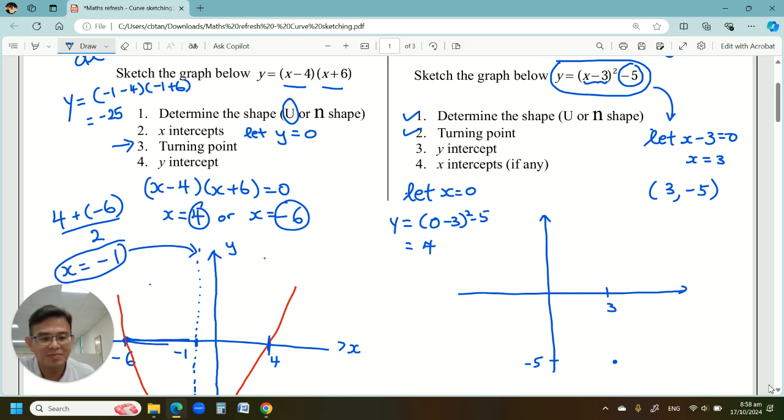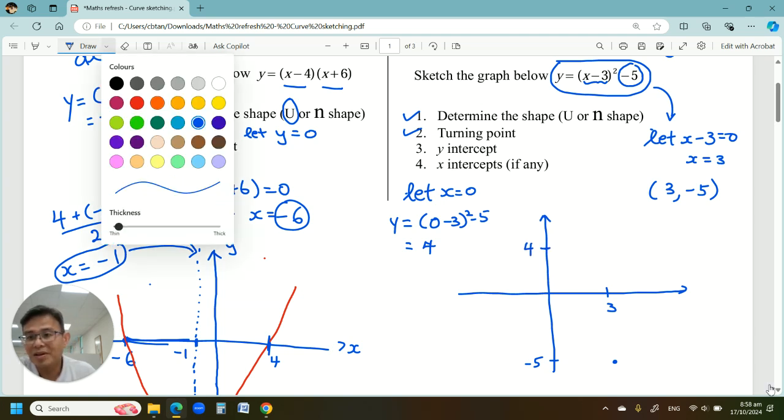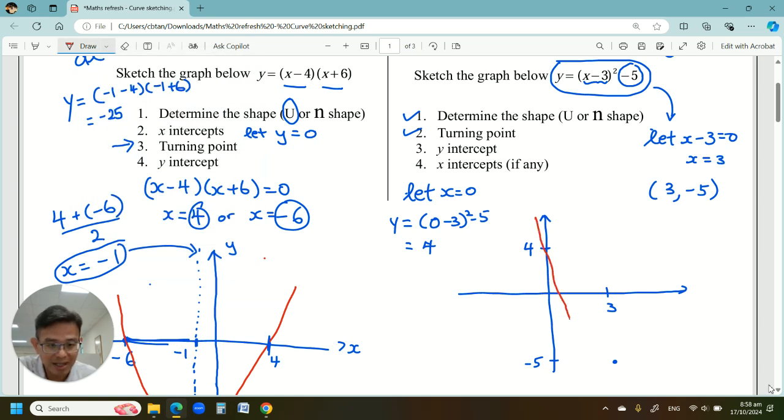Okay, that is 4. So this means the y-intercept will be 4, which means the graph will have to pass through the 4 at the y-intercept. Okay, so from here, it's crystal clear that this is the way the graph looks and not the other one.